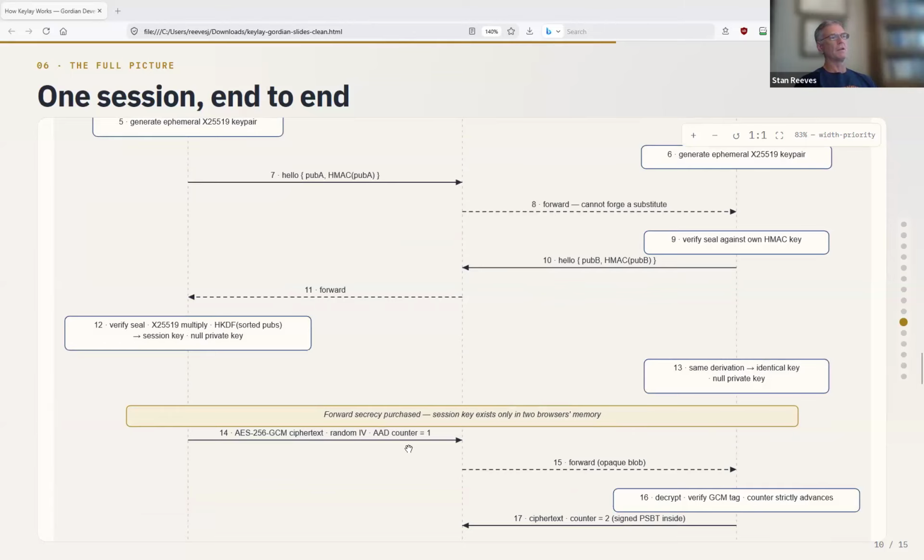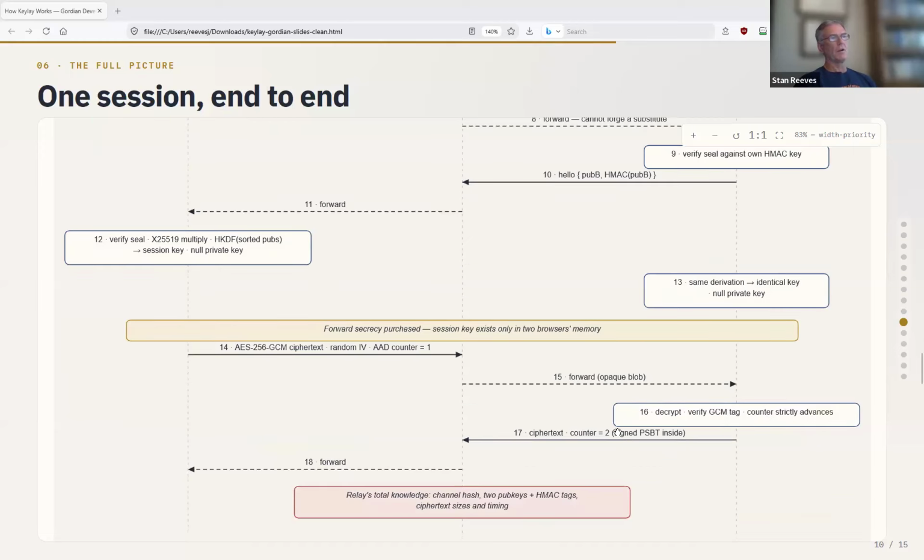Now you can communicate in an encrypted fashion. Both parties have the key to do that. As far as the relay is concerned, it's completely opaque, and the other party can decrypt. There's a counter in there, and they check that, so there's no replay attack.